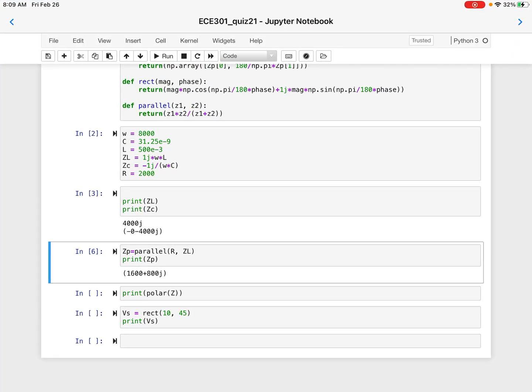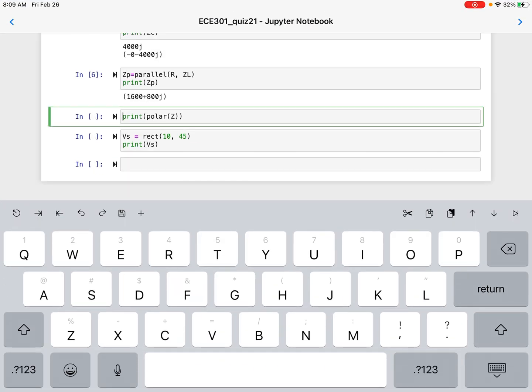So I need to have, let's see, down here, I'm going to do ZP, and then I want to divide by, so in other words, maybe I should go ahead and do my voltage source here.